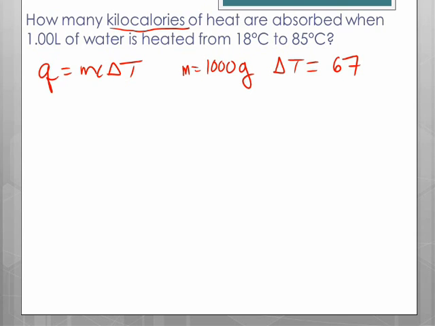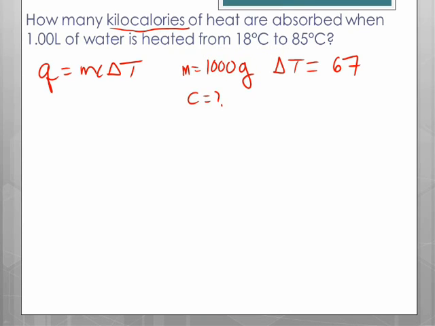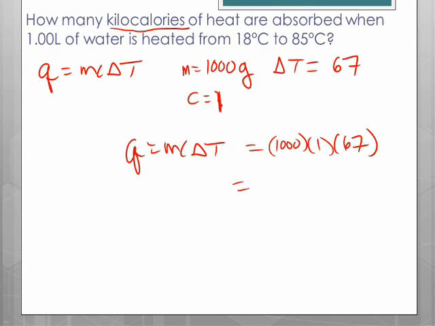What about C? What is specific heat? Well, we want to know calories, so we're going to use this. Calories, 1. So this is going to be much easier. C will be 1. That equals 67,000 little calories. So that's in little bitty calories.